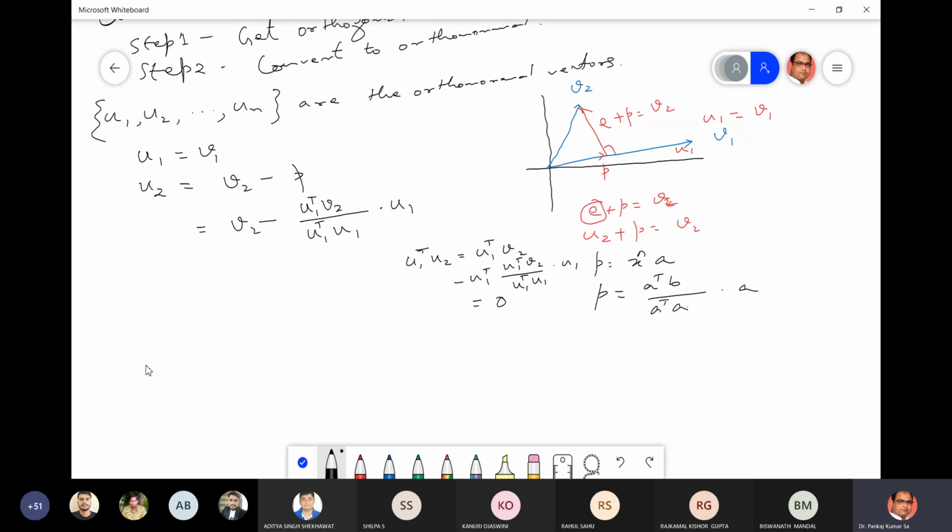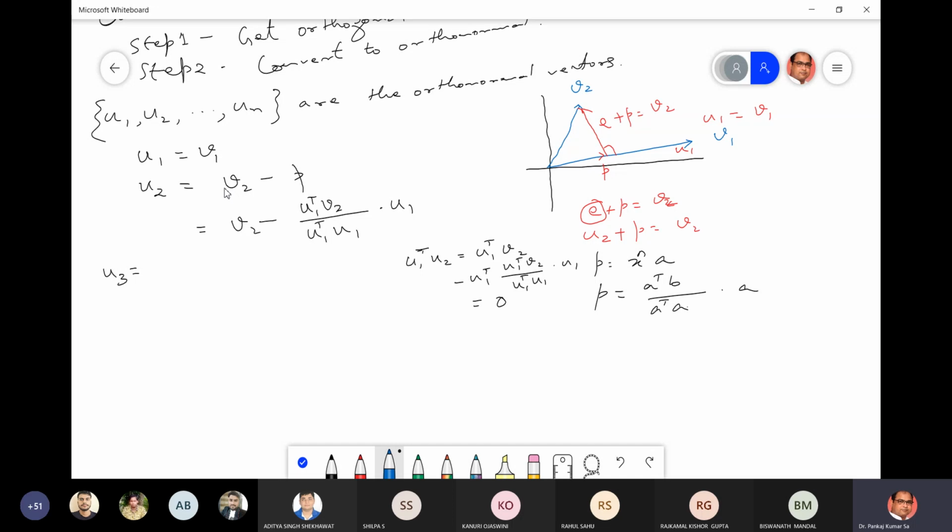Now we have found the vectors for V1 and for V2. What about U3? U3 has to be derived in such a way that U3 is orthogonal to U2 as well as orthogonal to U1. So what exactly are we doing here?